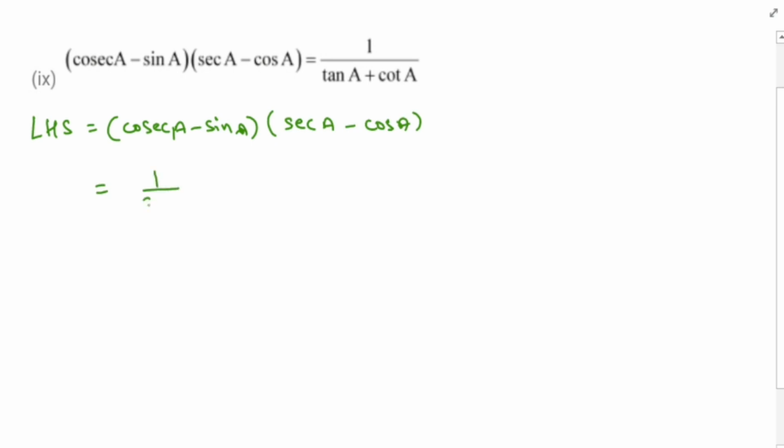Cosecant A is 1 divided by sin A, minus sin A. This is 1 divided by cos A minus cos A as it is.